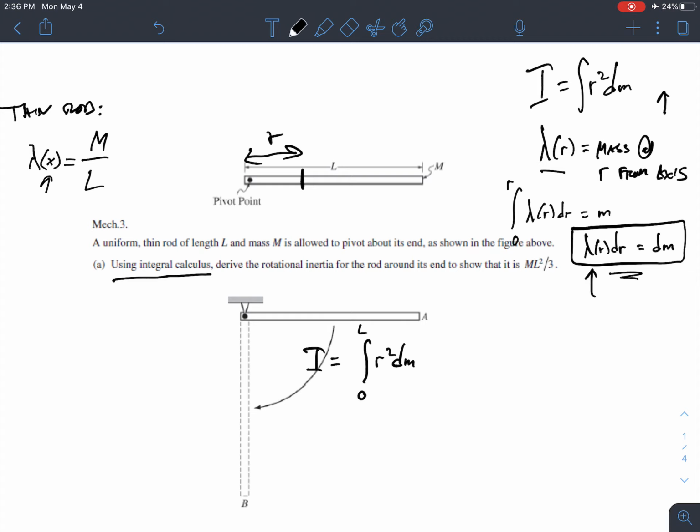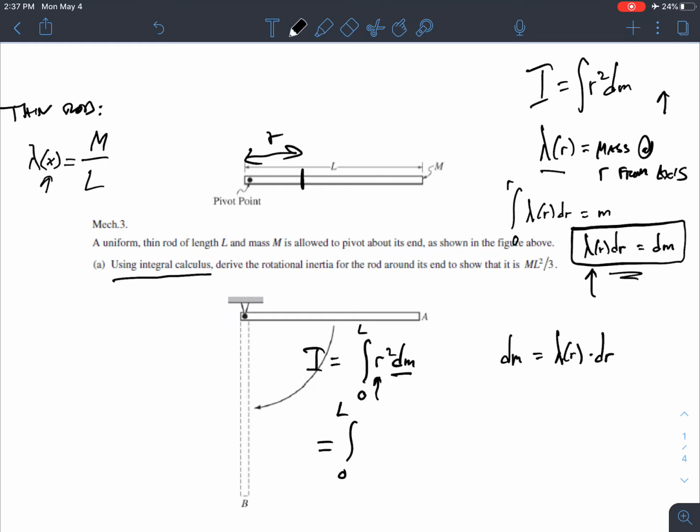Now, what's what here? The problem with doing these, the reason we have to do all this stuff, is because dm is not the same as this variable r, right? So we need to make them the same. So I know that dm is equal to the linear mass density times dr. So that's what we need to do, just make that substitution.